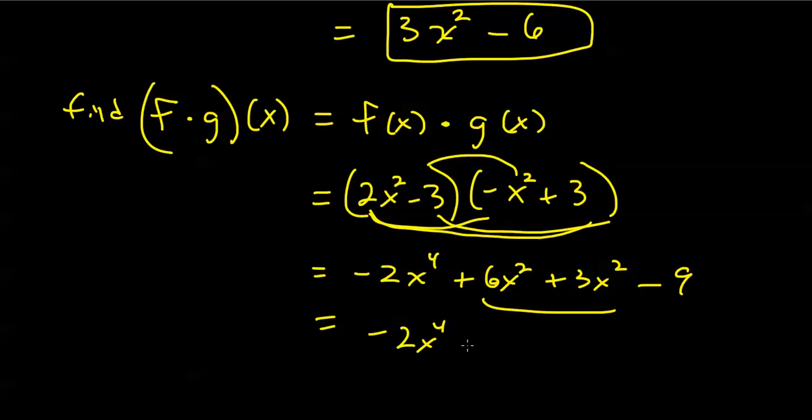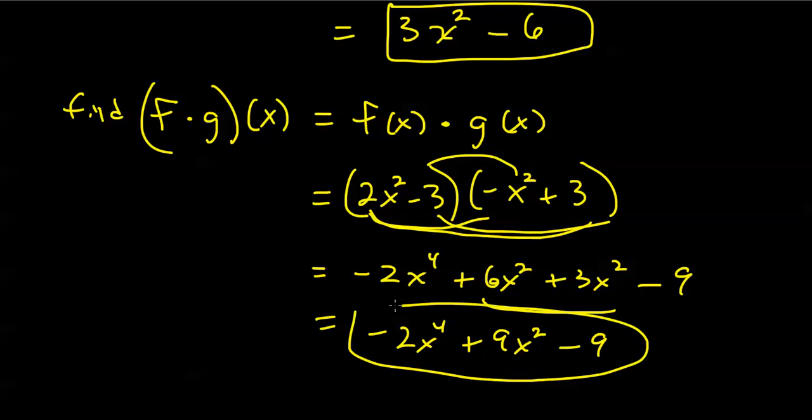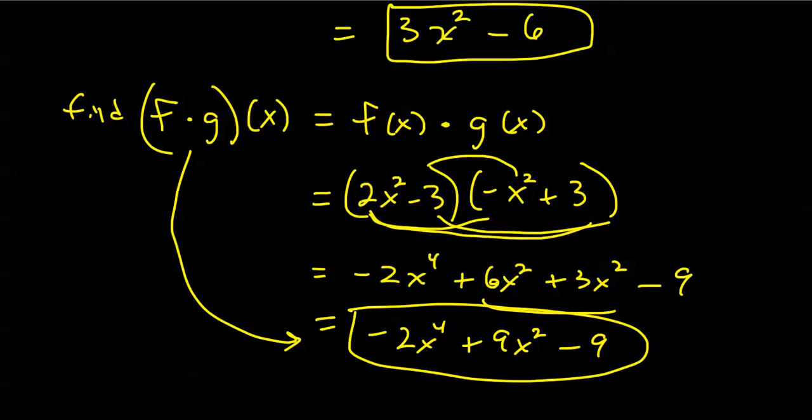So I'll end up with a final answer of minus 2x to the 4th plus 9x squared minus 9. That's function multiplication.